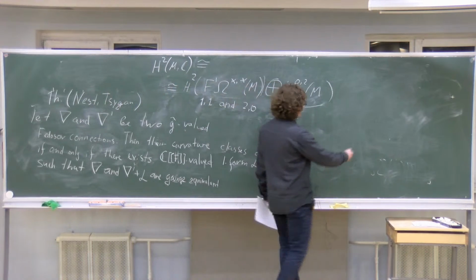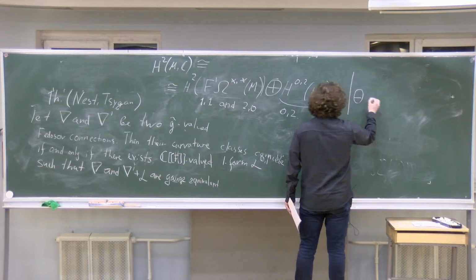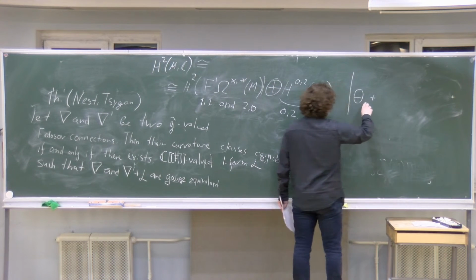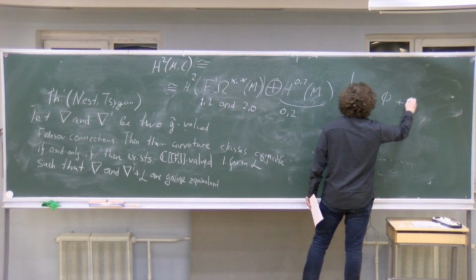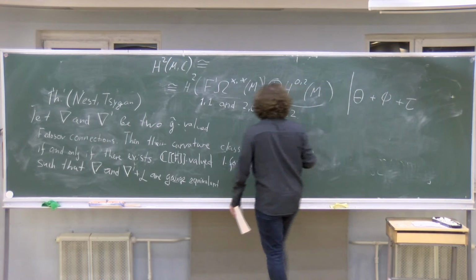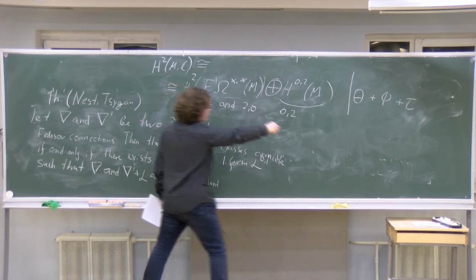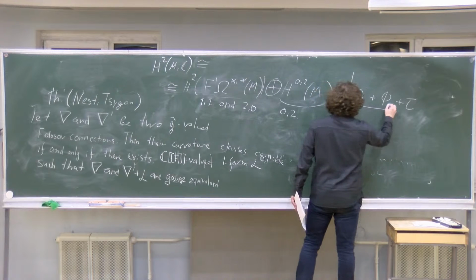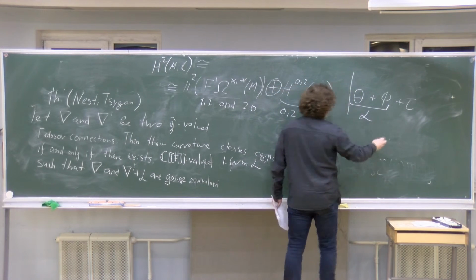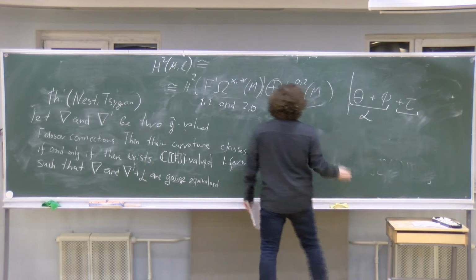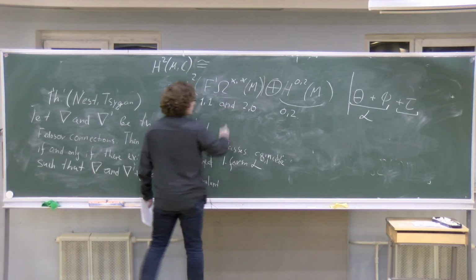Well, let's recall we have the curvature class, which looked like this: theta plus phi plus tau. And actually, for example, theta and phi, let's denote them by alpha, and tau actually lies here, and alpha lies here.